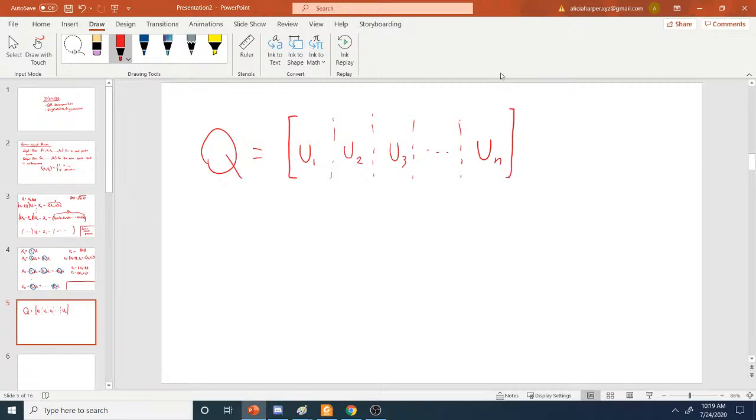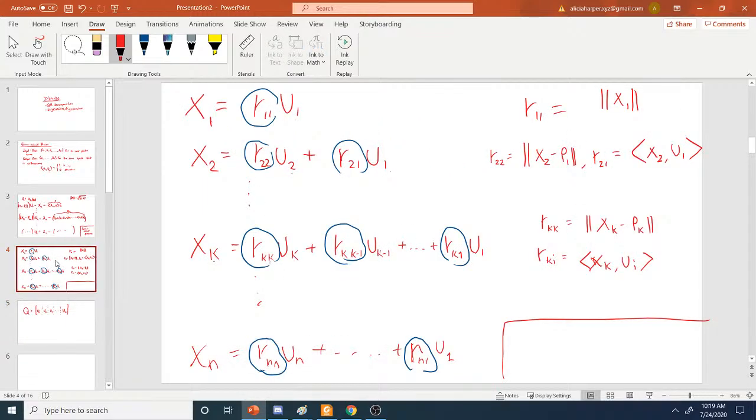So now what we can do with this is note that there is another matrix we have, and the other matrix comes from these R's.